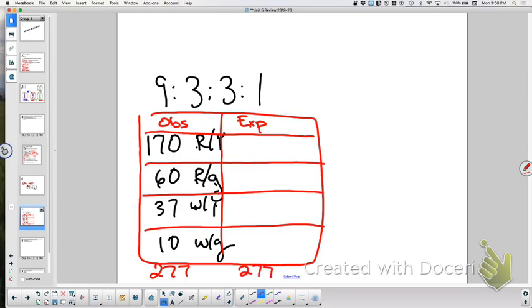So how would I predict how many I need that are round and yellow? So I take 277 times 9/16. What does that equal? 156? Okay, so 277 times 3/16 equals what? Some of you can be doing this math.